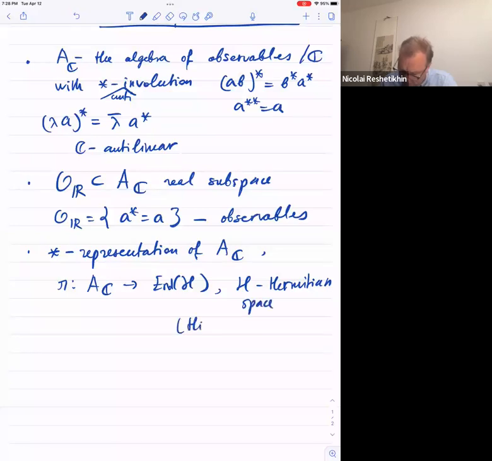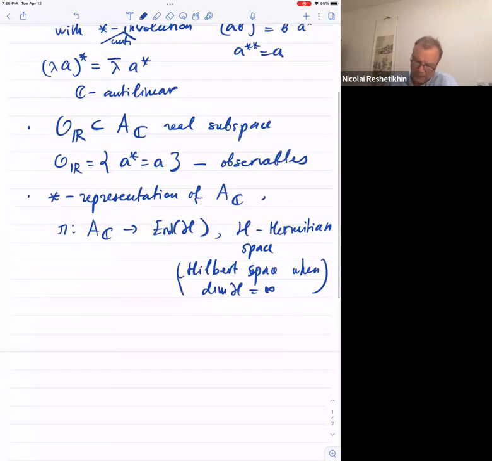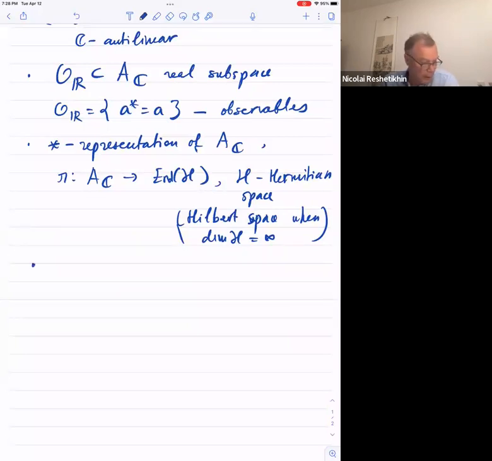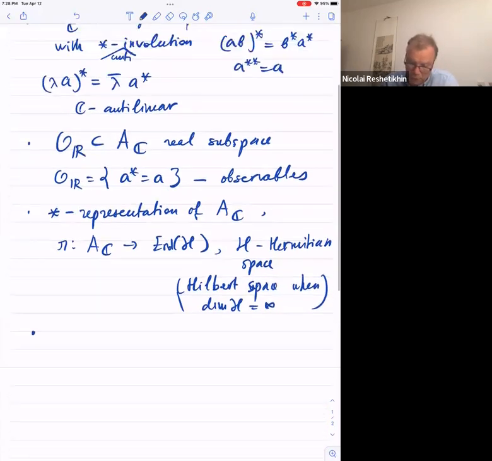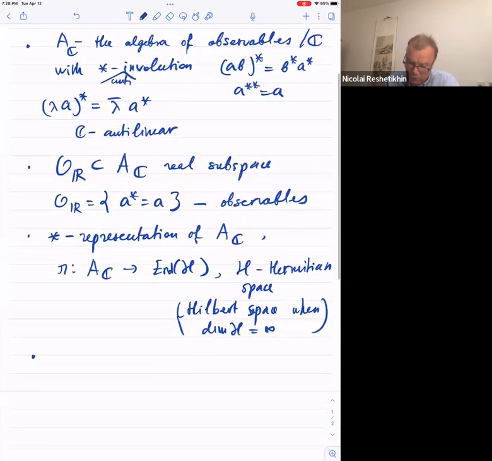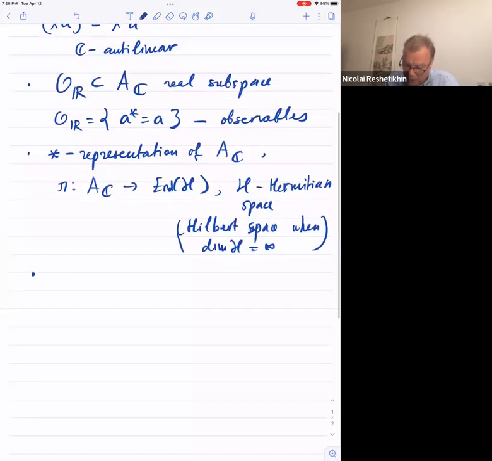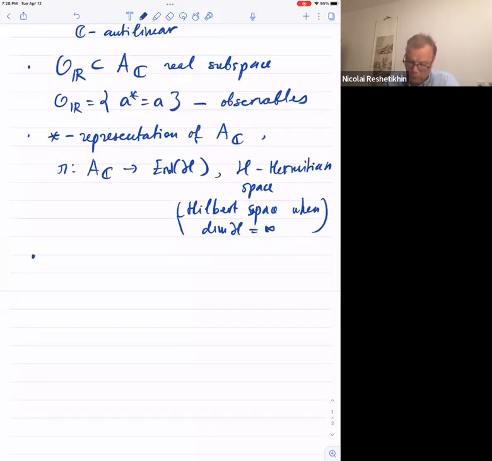And it's a Hilbert space, meaning it's completed in the L2 topology when it's infinite dimensional. So these are the observables: the algebra of observables, the space of observables, and a star representation of the algebra of observables. These are the very basic structures.